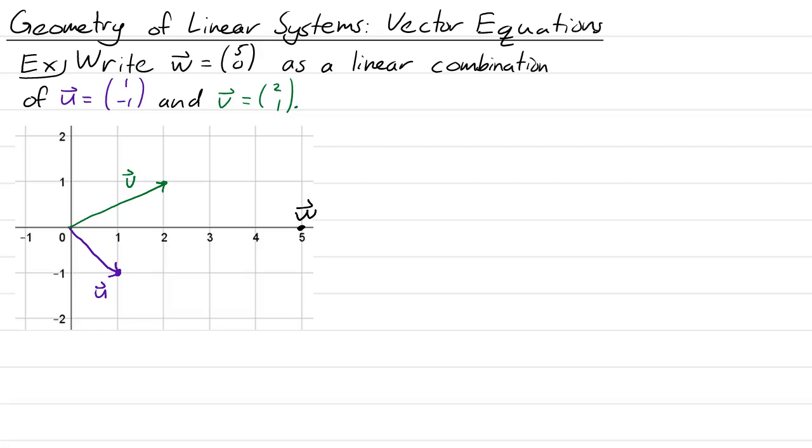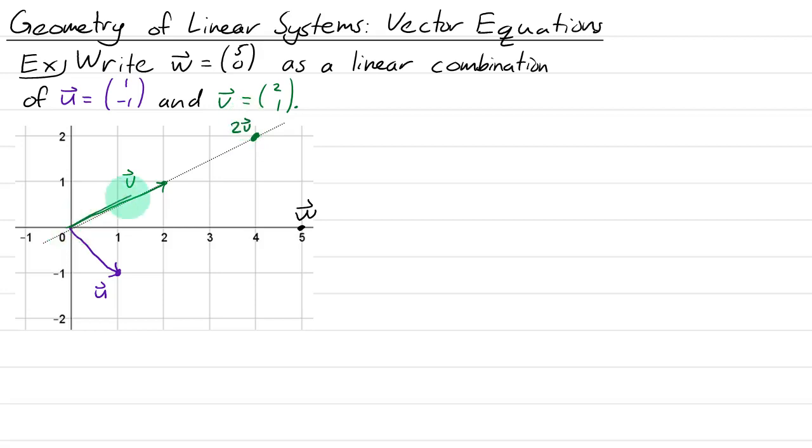But the basic idea is we want to know how we can do some kind of scalar multiple of v, which means multiplying the coordinates 2 and 1 by something, which has the effect graphically of getting you some other point on the line through the origin and the point 2, 1. So for example, 2v would be out here.